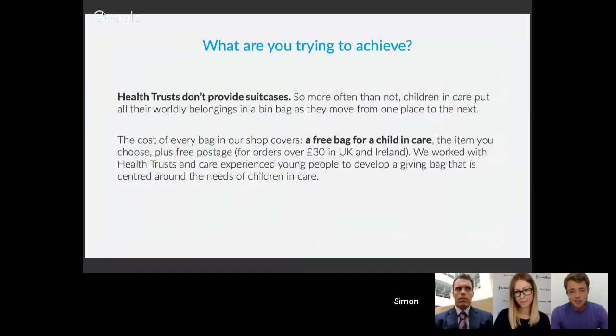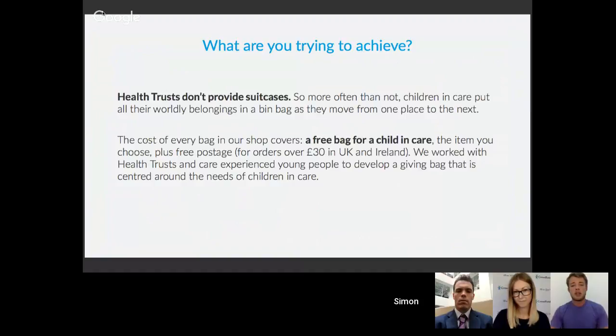As you can see in Madlug's case, they've started with their problem. So they've identified that health trusts do not provide suitcases for children in care. So they have found that many children are moving from family to family without any luggage to carry their personal possessions.